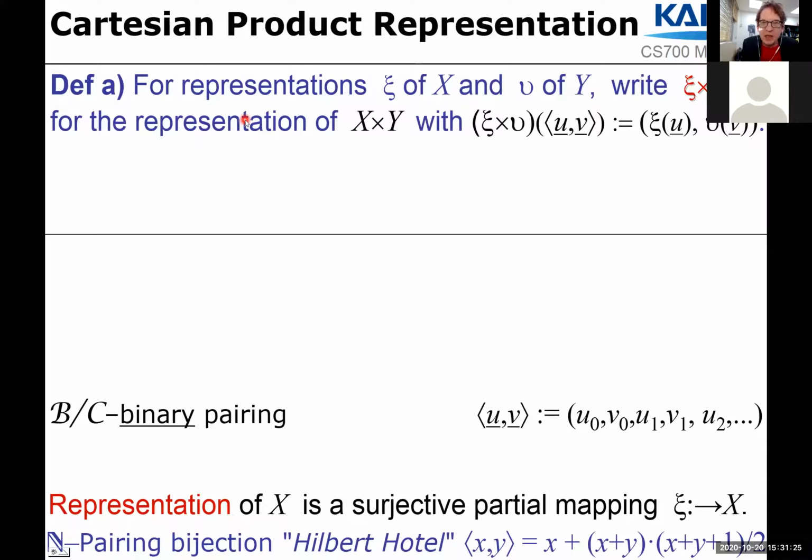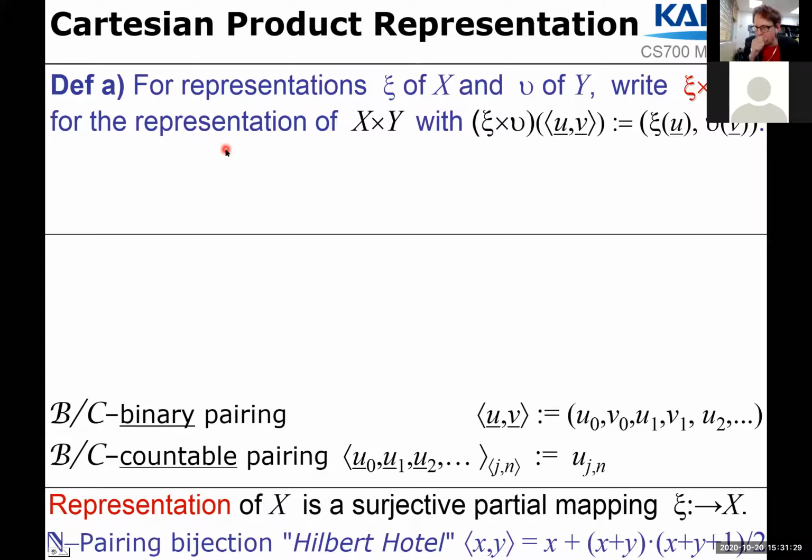Okay, and since we're at it, let's continue the same and consider countable pairing. Here we're given a family, a sequence of elements from Cantor space. So every U_j here is itself a sequence of, let's say, integers, and we combine them into one large sequence of integers by using the Hilbert hotel pairing function as index.